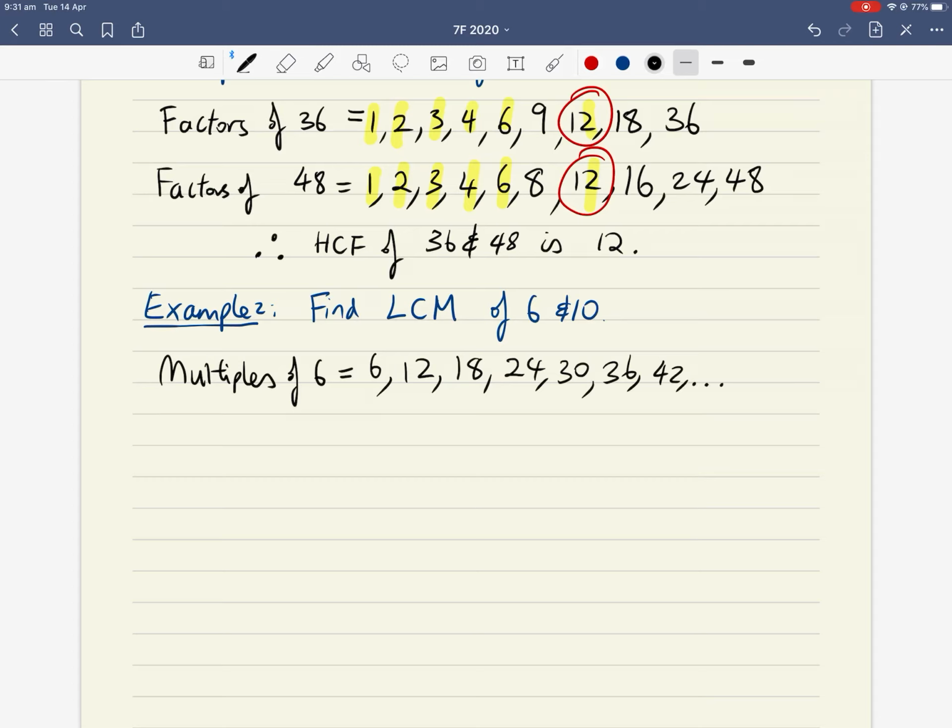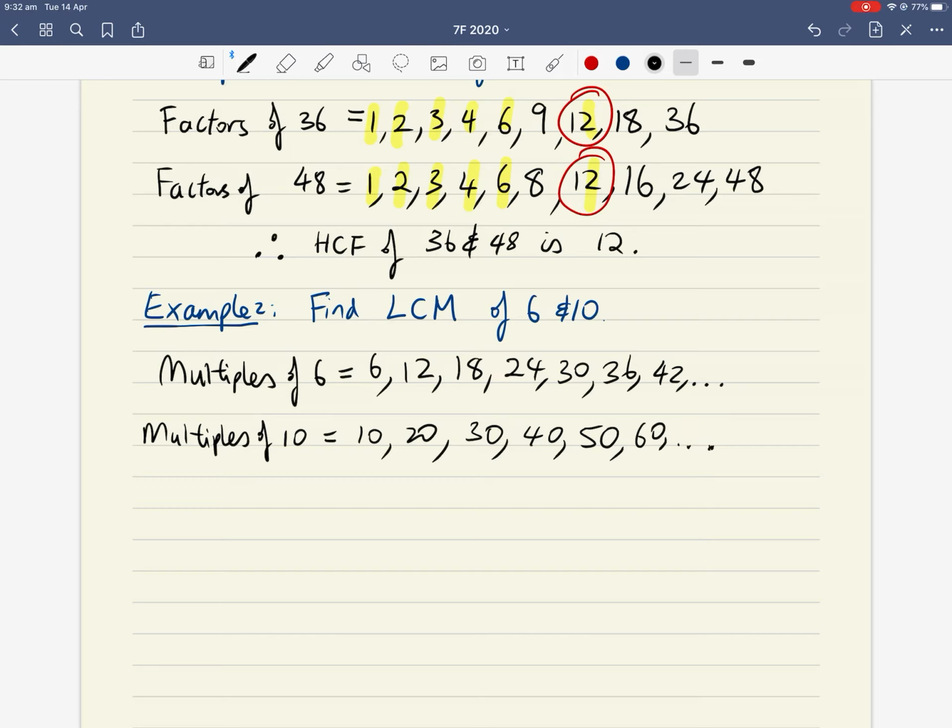We can go on forever because there are infinitely many multiples. Let's look at the multiples of 10. 10 times 1 is 10, 10 times 2 is 20, 10 times 3 is 30, 10 times 4 is 40, 10 times 5 is 50, 10 times 6 is 60, and so on, because it goes on forever.